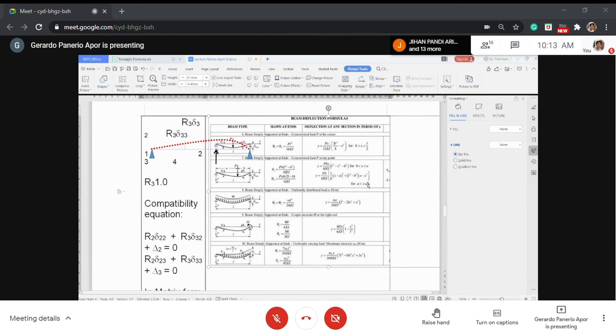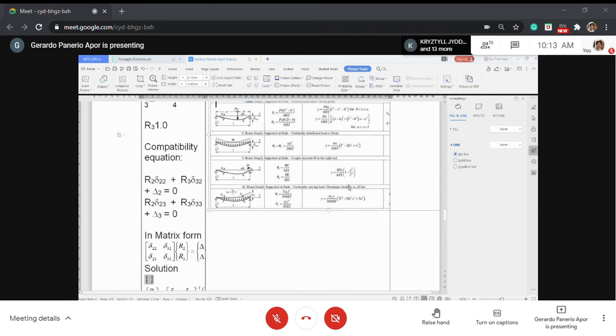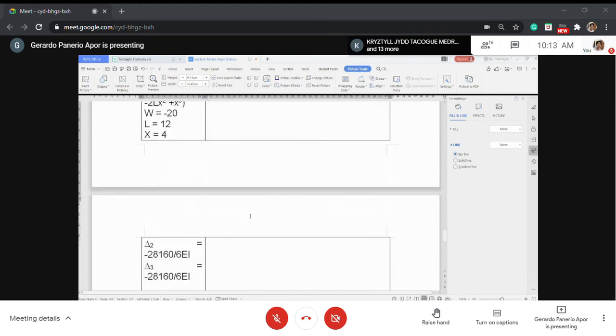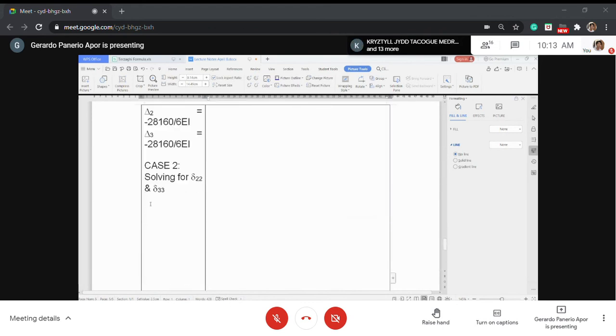For the first one, I can use the first equation. So I will use the second equation here.